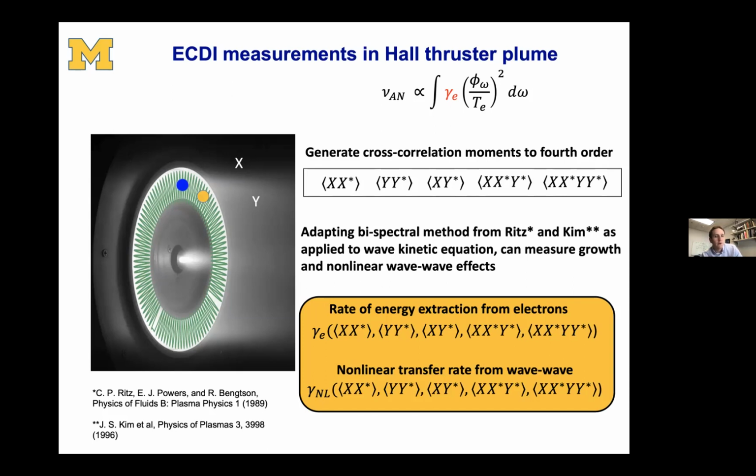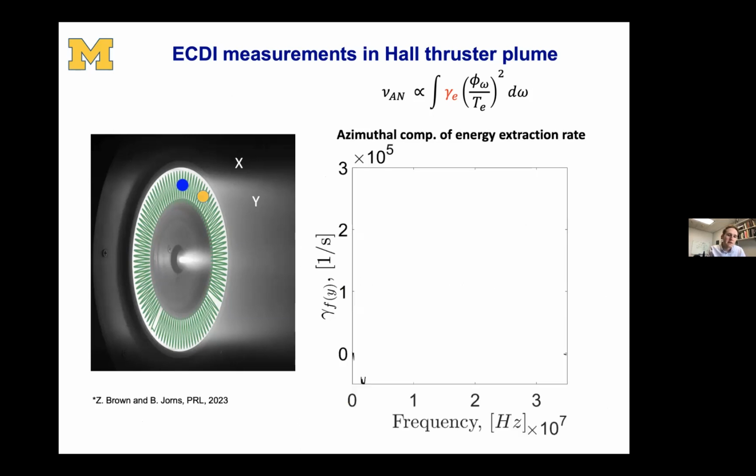So if you have these experimental measurements at two locations and the calculated cumulants up to fourth order, you can substitute all those values in and develop a system of equations which closes for the linear growth rate and the nonlinear transfer rates. In the interest of time, I didn't include those equations here. The initial details of that technique are elaborated on in those papers from 1989 and 1996.